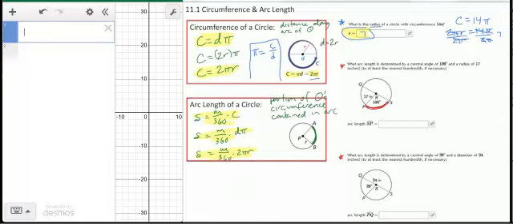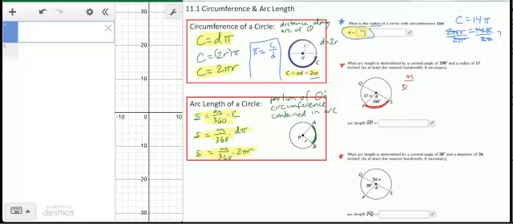So here's the arc length from P to S that we're looking to calculate.